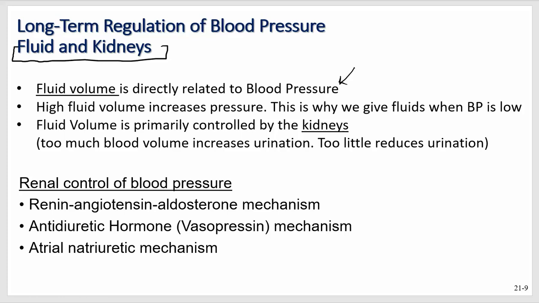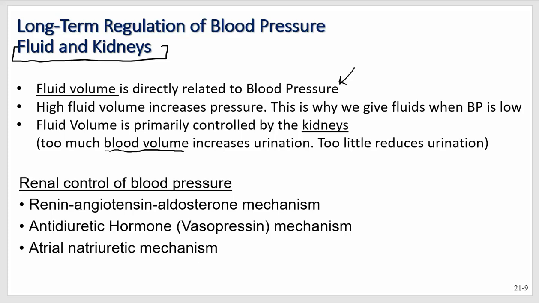So too much blood volume will increase urination. If your blood volume is too high, that could be measured by stretch, and that's going to increase urination. So the kidneys are responsible for making urine. So if they produce more urine or allow more plasma to get filtered through the kidneys, that can leave as urine.